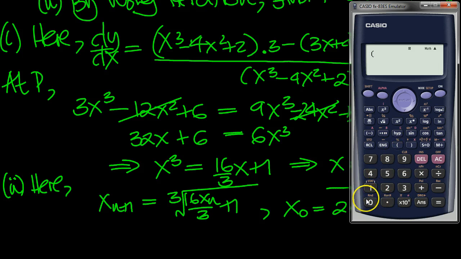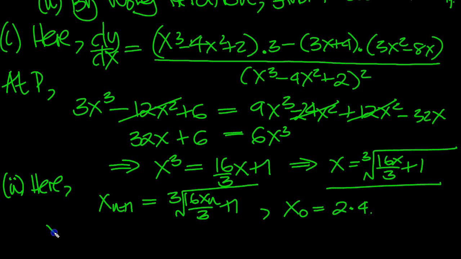Then we want brackets, 16x over 3. 16 times Ans divided by 3 plus the 1, close bracket, power 1 over 3. Okay, let's see what we get then. Equals 2.39861. So x1 is equal to 2.39861.